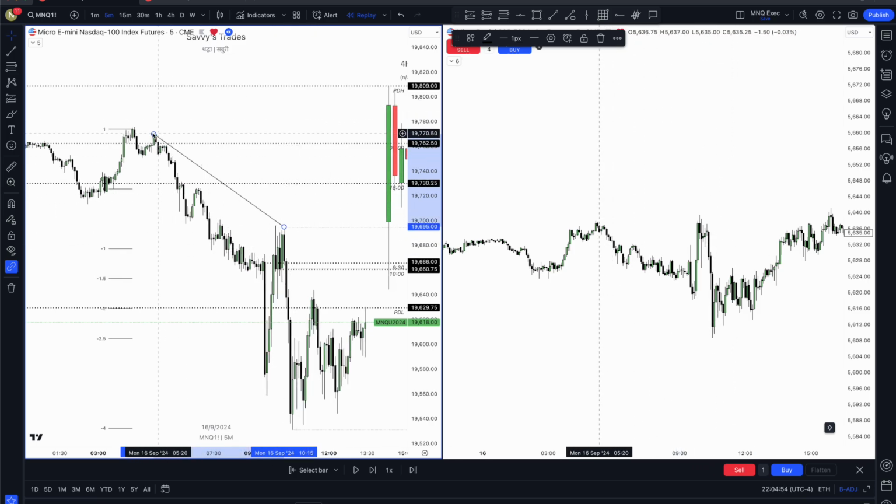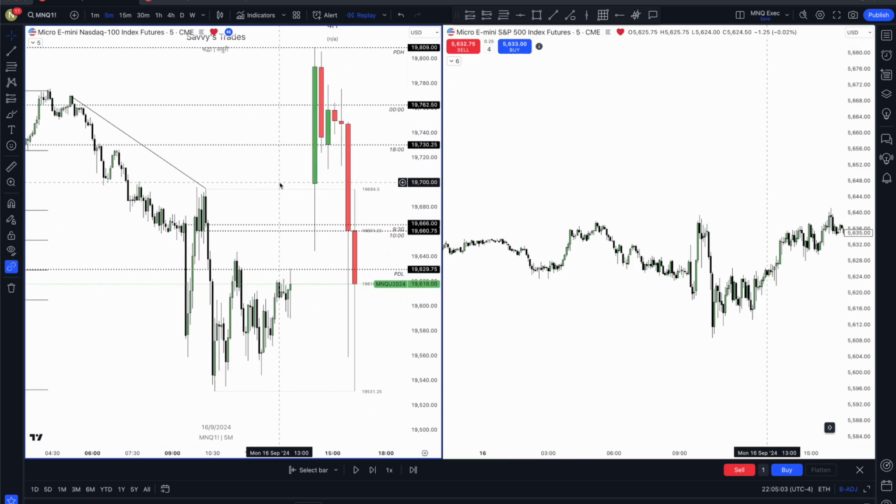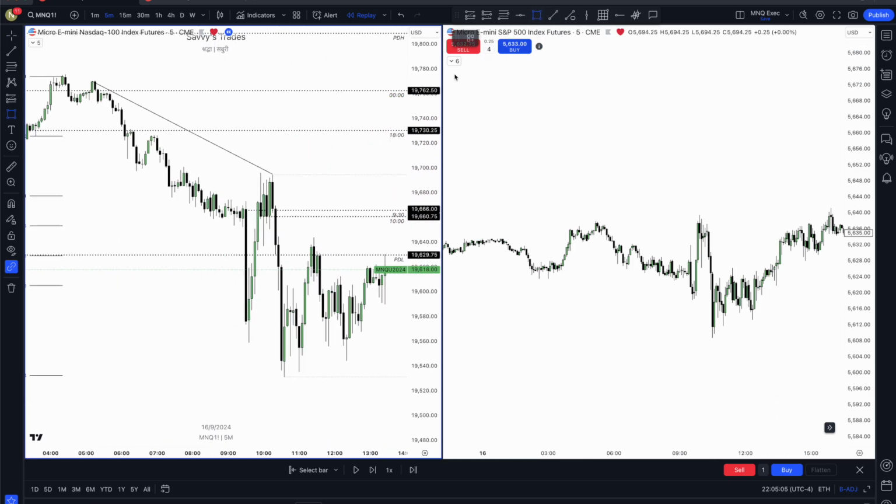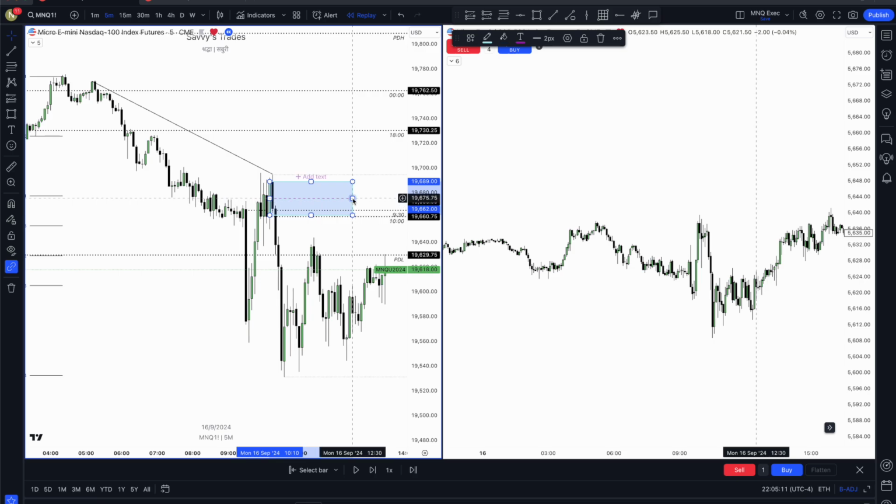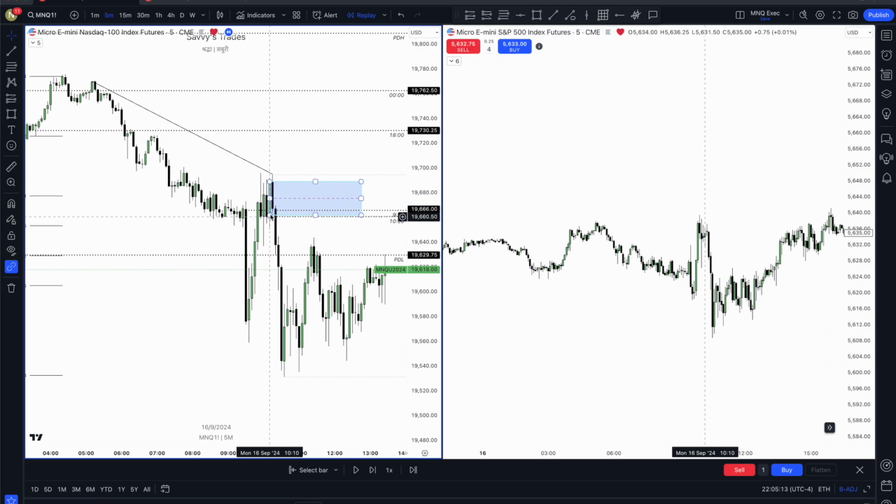So as soon as price came here, we could see an aggressive move to the downside, and right around the 10:20 mark we validated this up close candle as an order block.